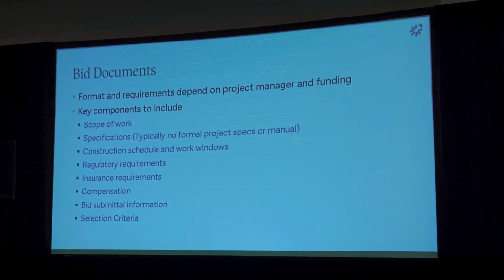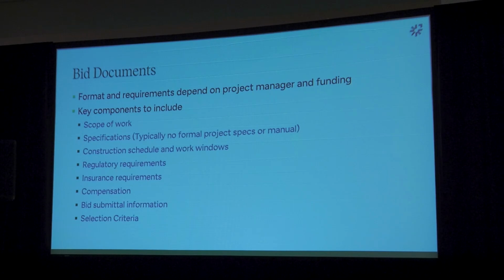Some of the key components that we want to make sure to include in our bid announcement is a narrative of the scope of work, specifications. Often we have detail sheets, not as often a typical formal spec package or manual, but we'll point to the VTrans standard specs as well.